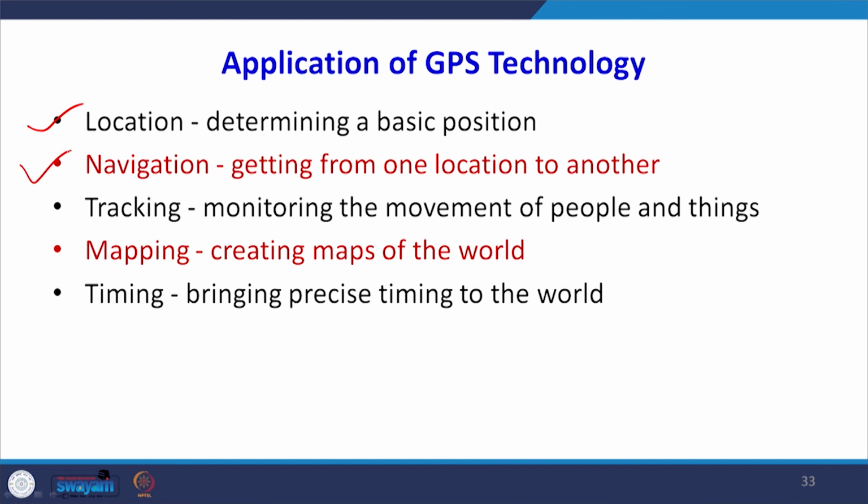Navigation purpose, you must have seen in the vehicle also, this is very useful when you are moving from one place to another. Tracking, you can track the movement of cattle, movement of the people, movement of the things, movement of your truck, movement of your car. So, that can be done.